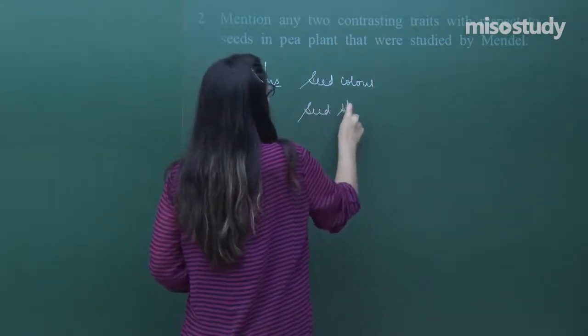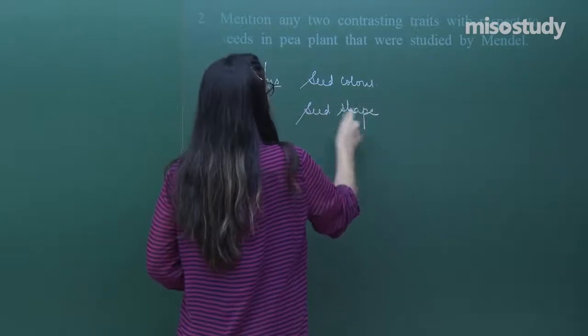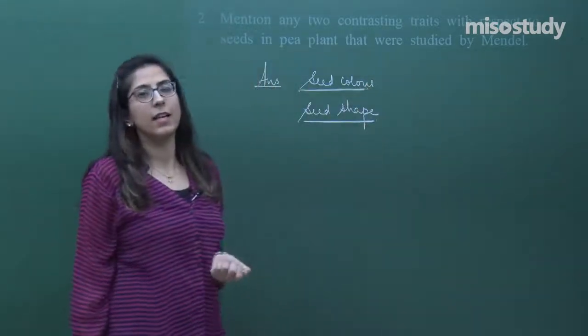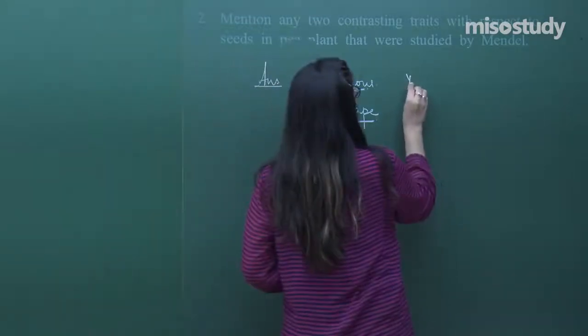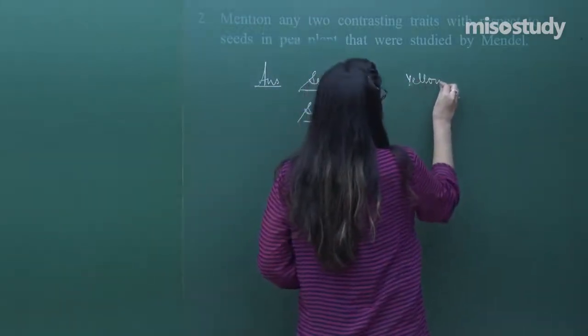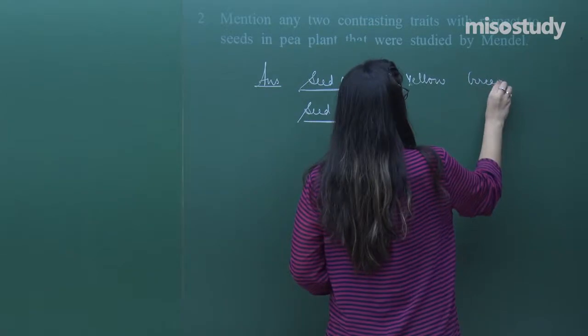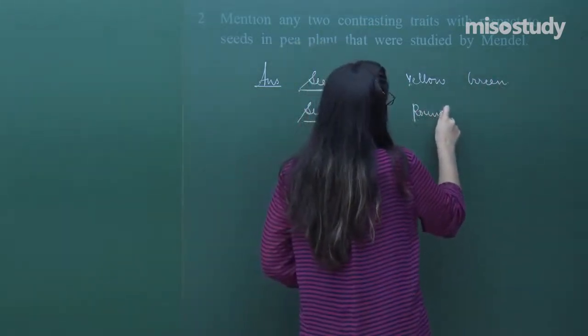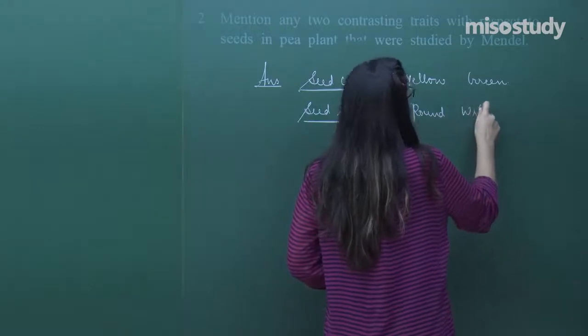You can take any other also, we have studied around 7. So the seed color can be yellow or green, whereas the seed shape can be round, and the second can be wrinkled.